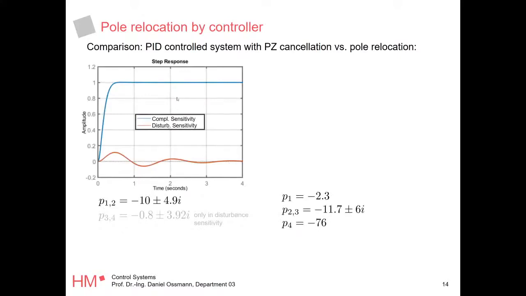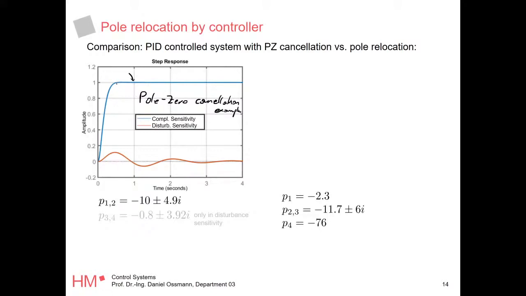So on the left-hand side, you see the results from the pole 0 cancellation example. Here we said, okay, if we cancel it, we will get a very nice complementary sensitivity function.